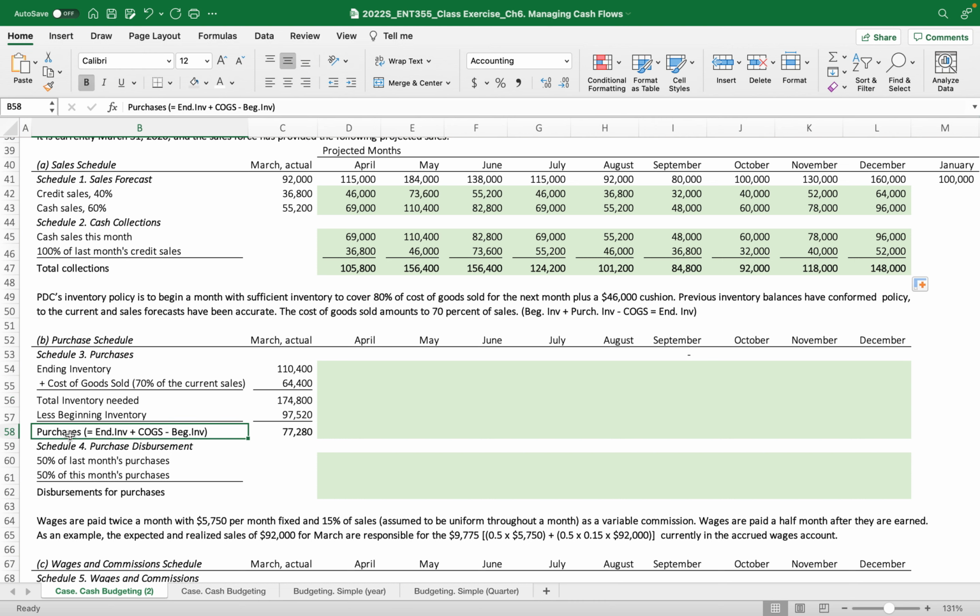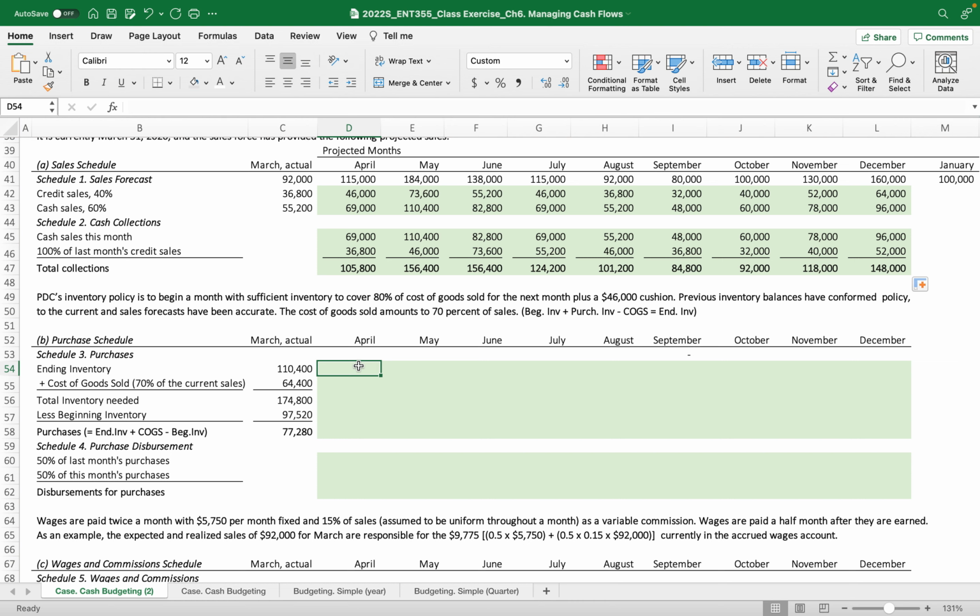How? The purchase inventory is equal to ending inventory plus cost of goods sold minus the beginning inventory. We can just change this equation, keeping the purchase inventory on the left side, and take all the other inventory terms to the opposite side. Okay, so let's go.